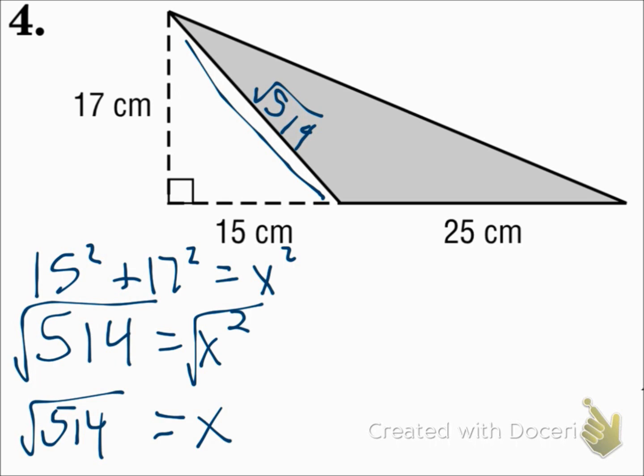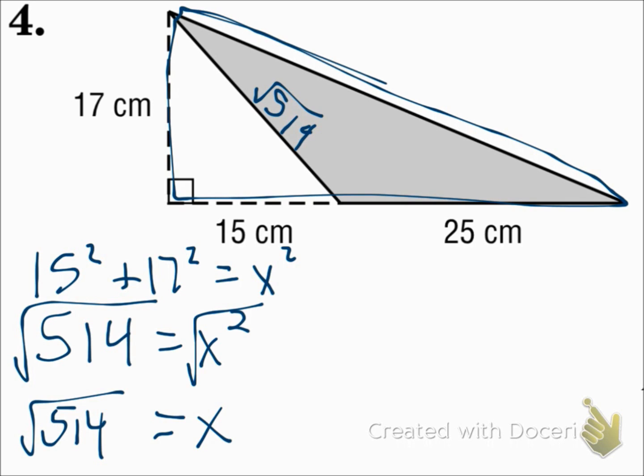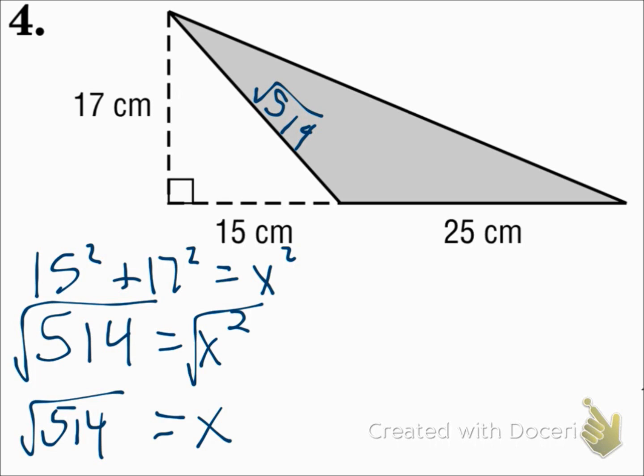Now for the other side is the hypotenuse of the big triangle. And again, I know two sides of it. I can do the Pythagorean theorem to find this side.